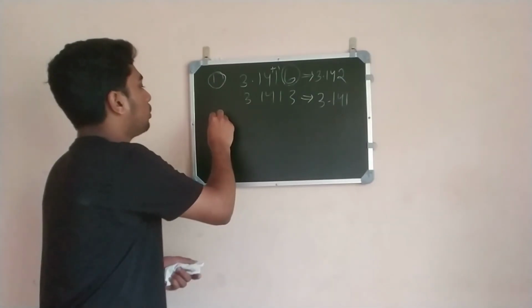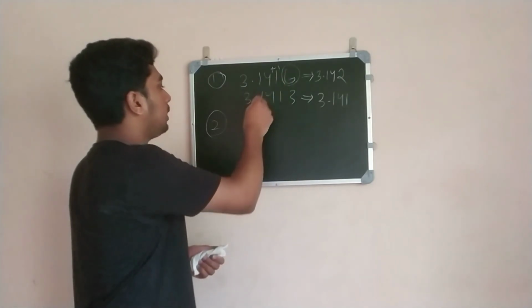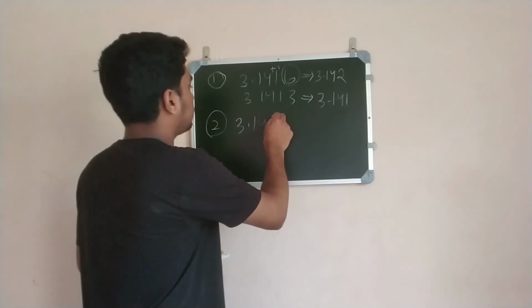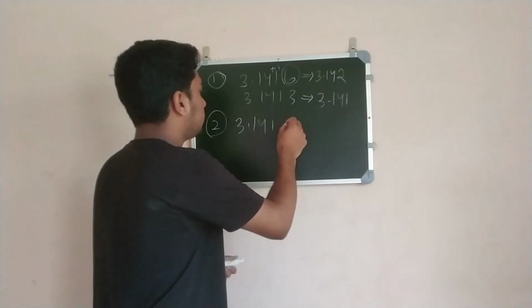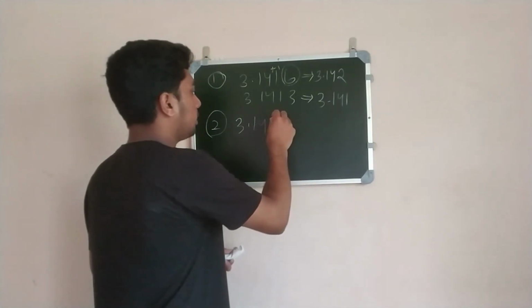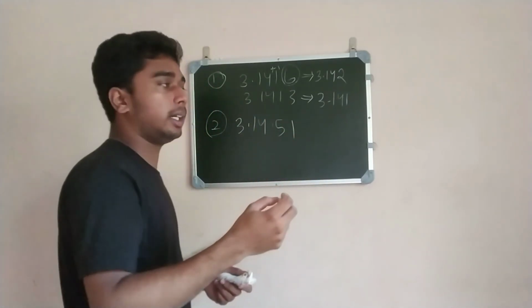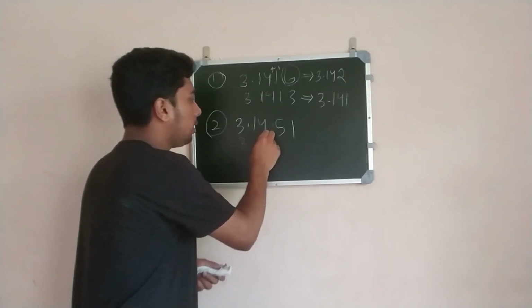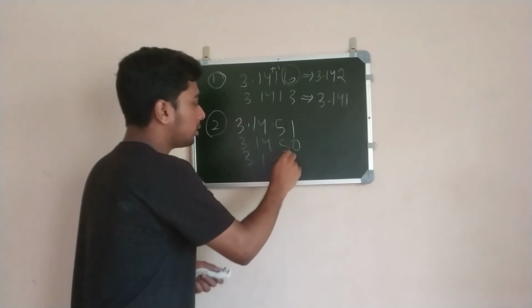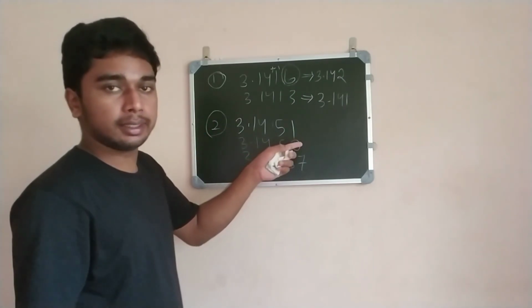Let us talk about the second rule. The second rule says, for example, let us consider 3.1451, 3.1450 and 3.1457. I consider 3 cases.